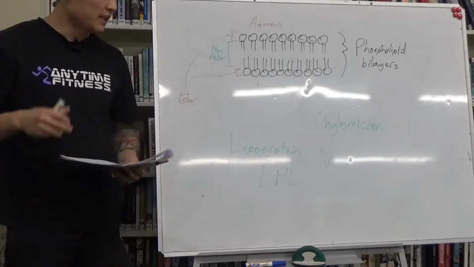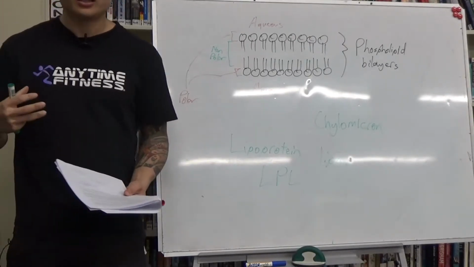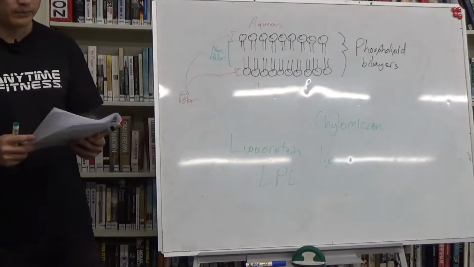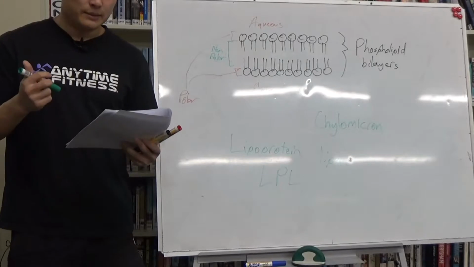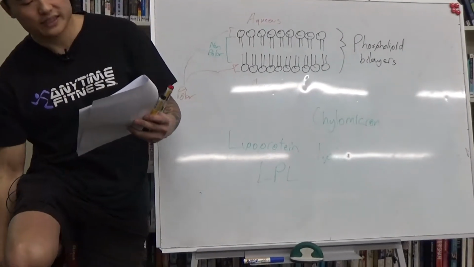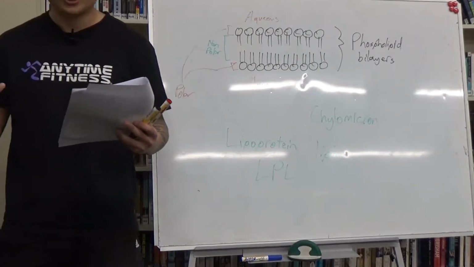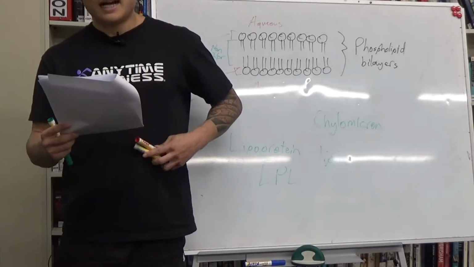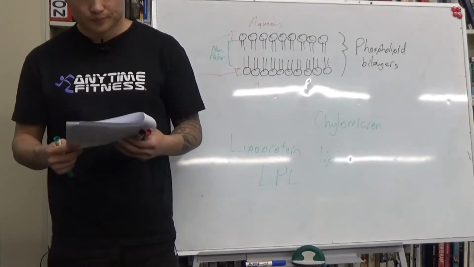Okay, so it's a lipase that's acting on lipoproteins. That one's an important one to remember, and that's present on the capillaries of your tissues, such as your adipose tissue, so adipose means fat, heart and skeletal muscle.